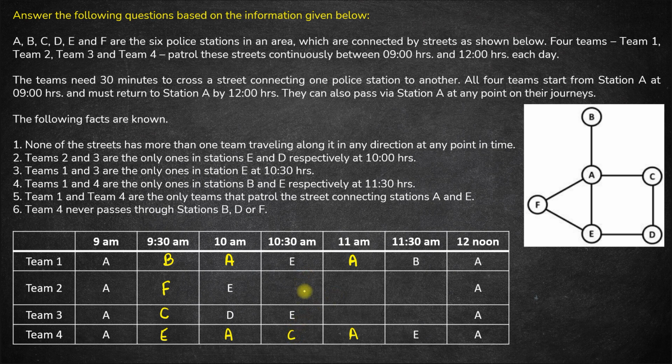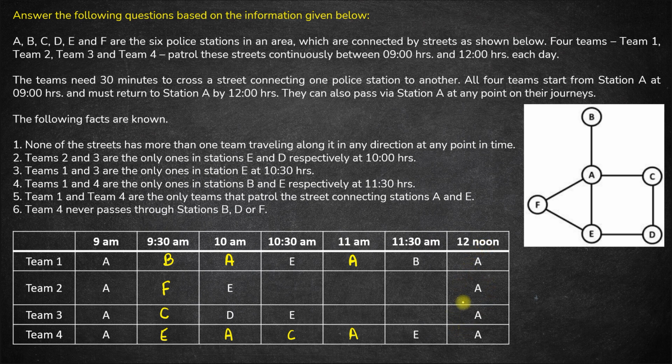And now looking at team 3, it has to go from E to A via 2 stations. How is it possible to go from E to A via 2 stations? Or let's look at it in a slightly different way. As we saw initially, from A all the 4 teams go in different directions, and the same will happen from 11:30 to 12.